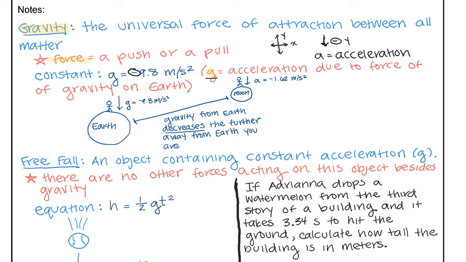Another thing to note is that the gravity from Earth decreases the further away you are. So if you are on a spaceship and you're taking off from Earth, from the ground, right? Here's your spaceship. Or we're going to call it a rocket ship, not quite a spaceship.